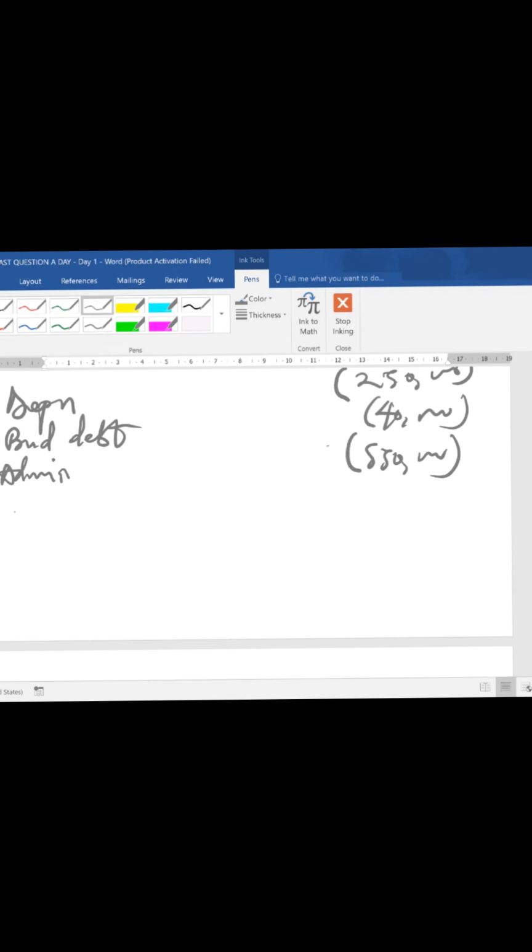We have our interest, which is 150. And this is going to give us a profit of 1510.